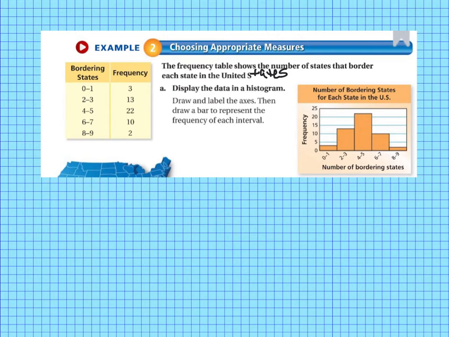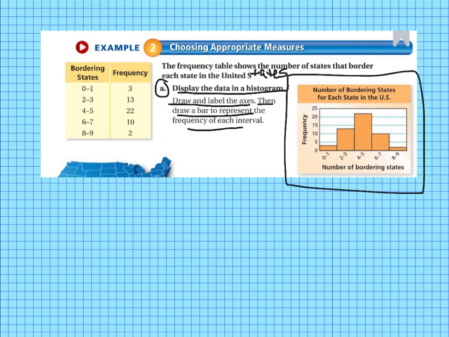So you are being asked in this first part, letter A, to just display the data in a histogram. So in your notebook, just for the steps, put the steps for making a histogram. And then your answer is your completed histogram.